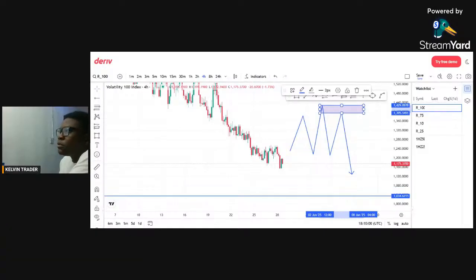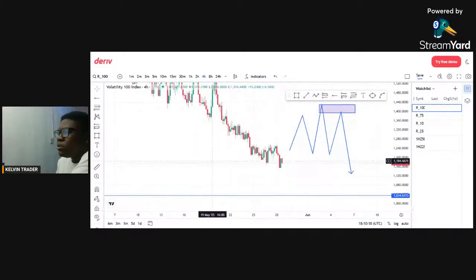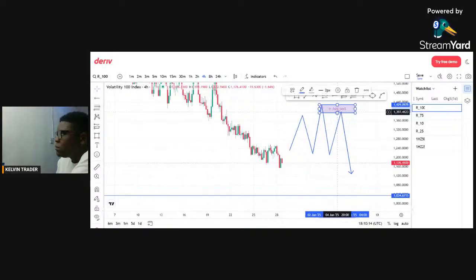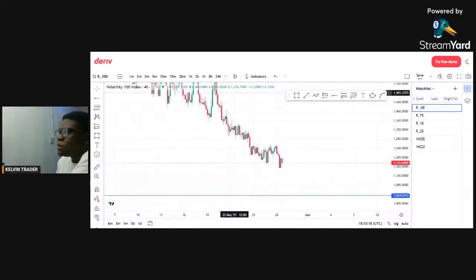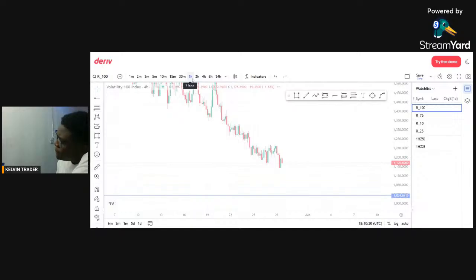Let me continue. So as you know, this is our pattern. This is what we trade. So let's look out for that on the chart. Go down to the 1 hour time frame.